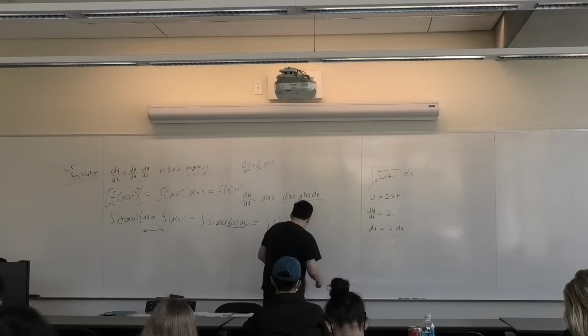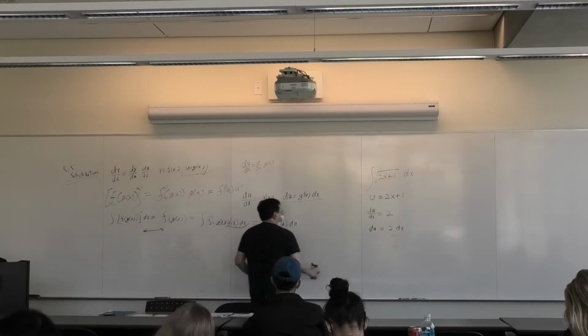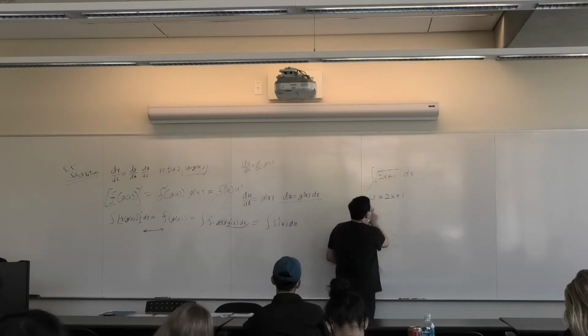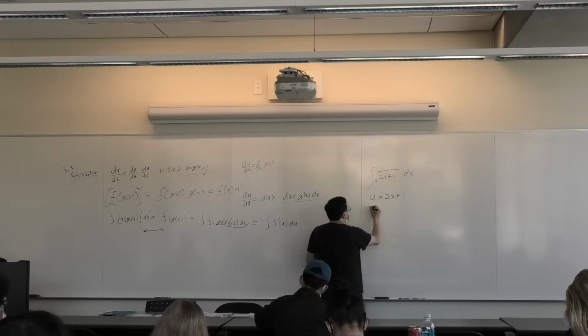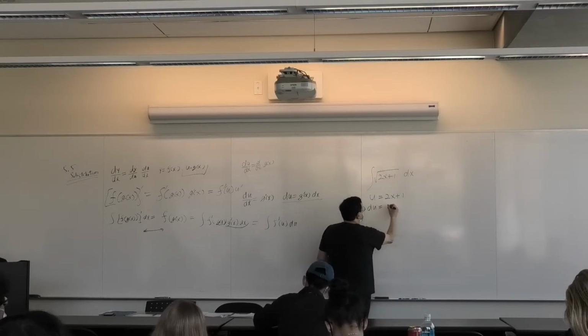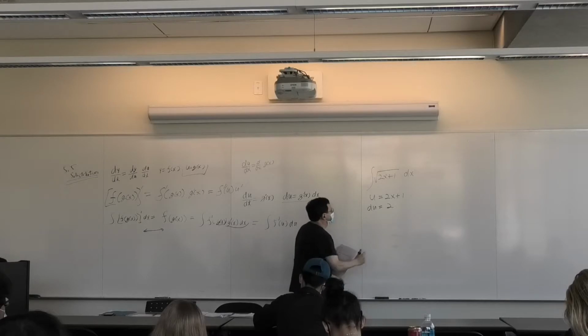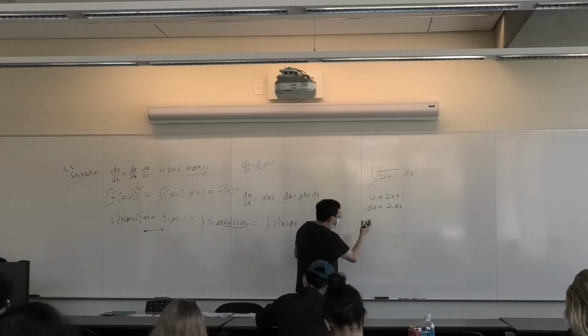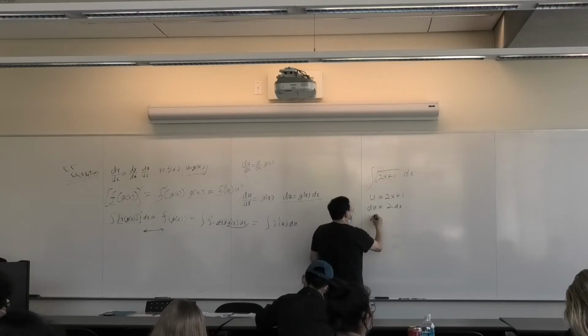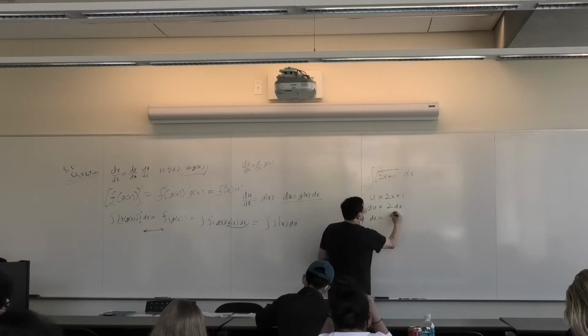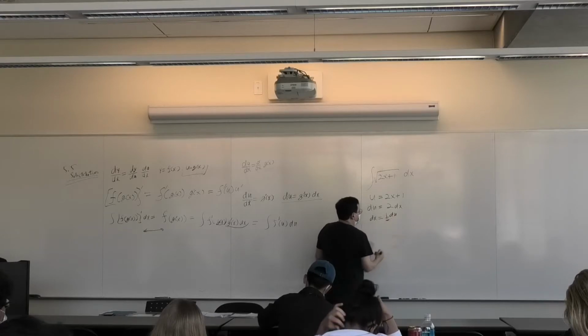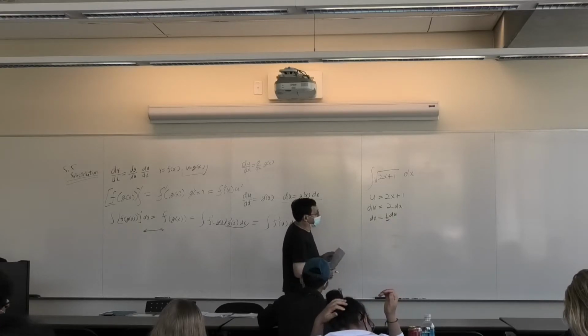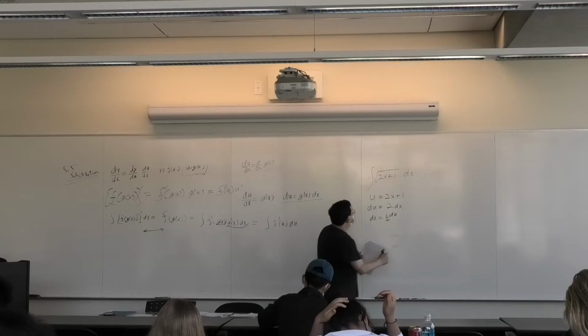Well, that's the last time I'm going to do that. You can just look at this and go, oh, my du is 2 dx. So solving for dx here, my dx is 1/2 du.